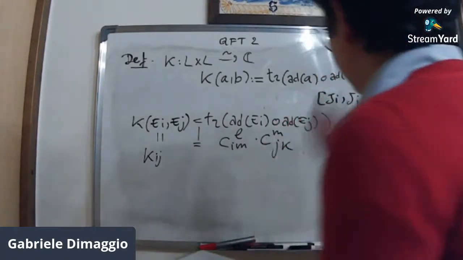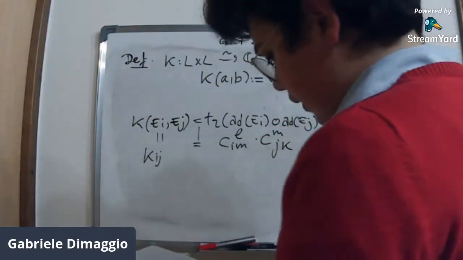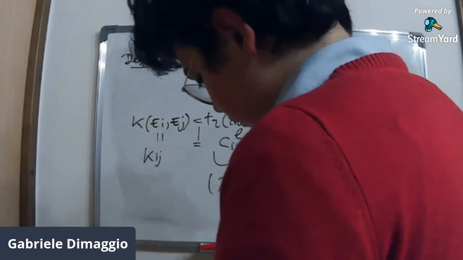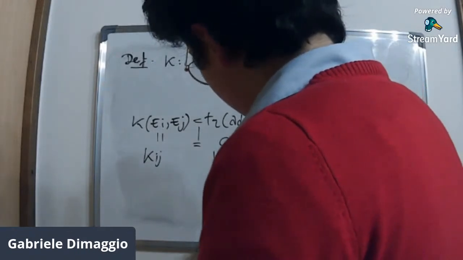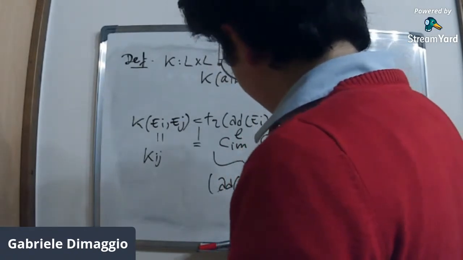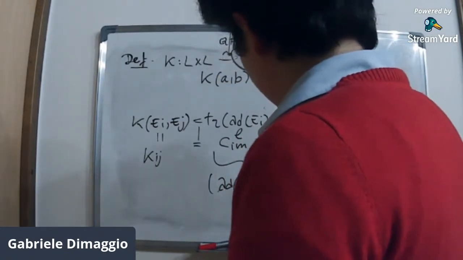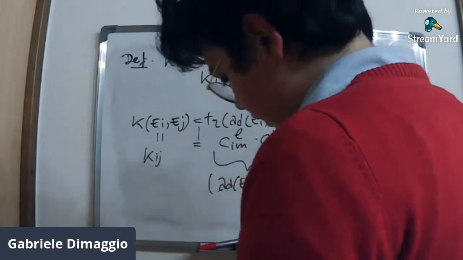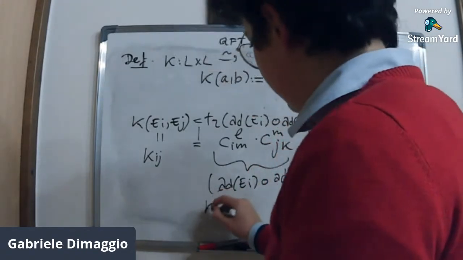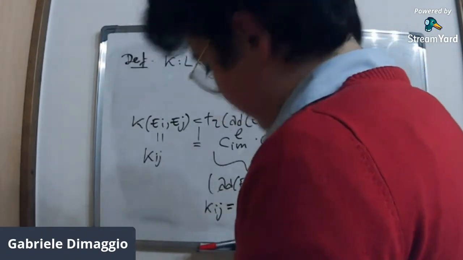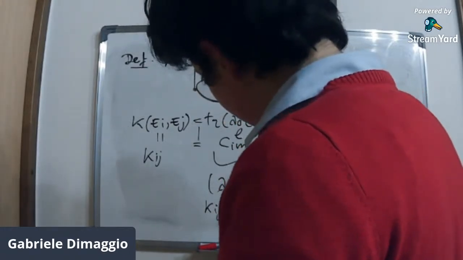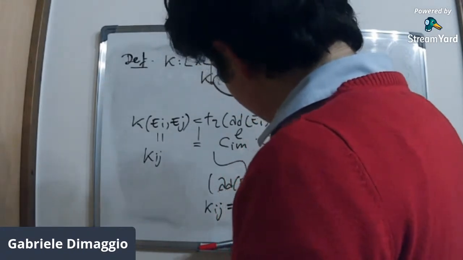Okay. So now I can write this as the composition ad e_i, ad e_j, and I have K_ij equal to c^n_im times c^m_jn.